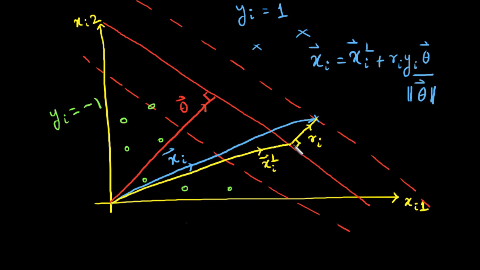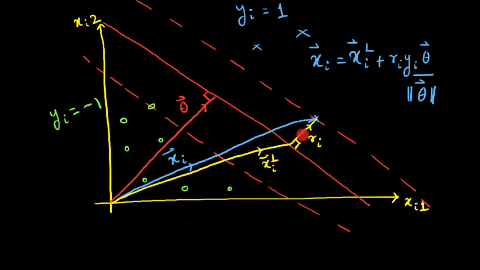The direction of this vector is the same as our theta vector. So theta vector by theta vector norm is the unit vector in this direction. Now we multiply ri with the unit vector to get this. But we also have to see whether this vector is on this side of the decision boundary or on this side of the decision boundary.